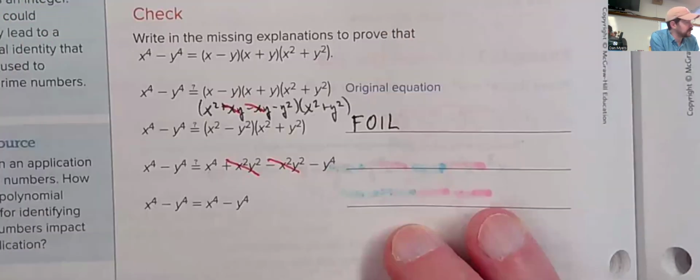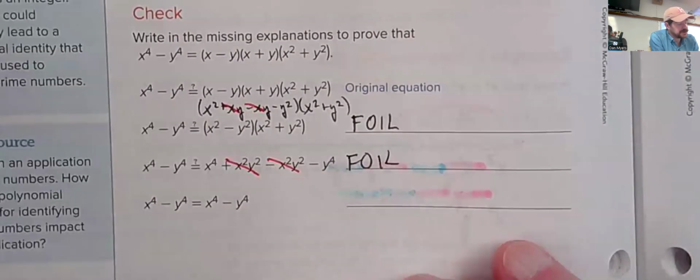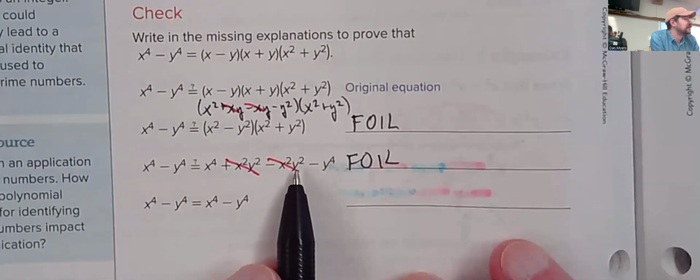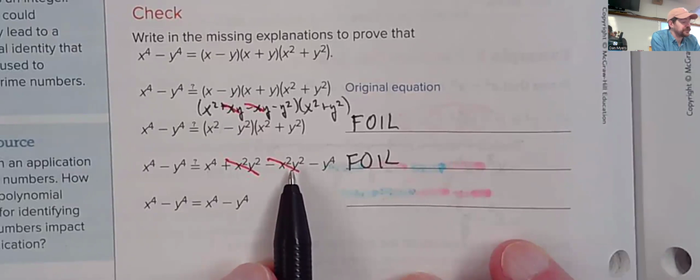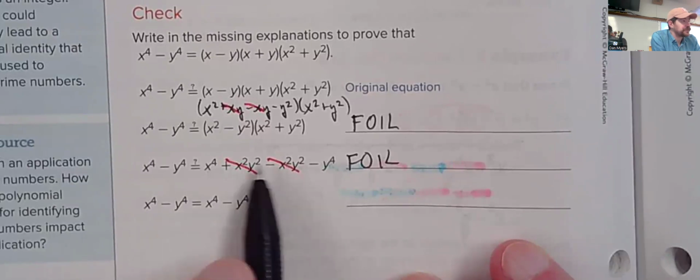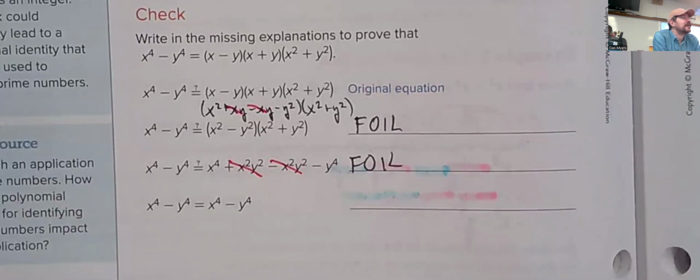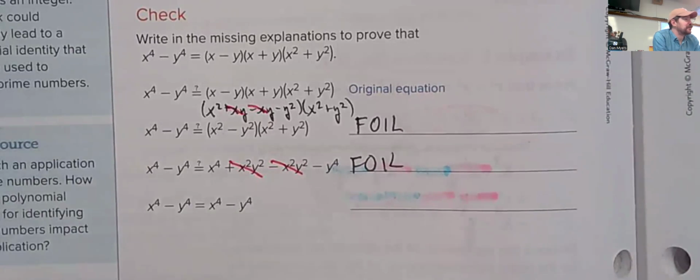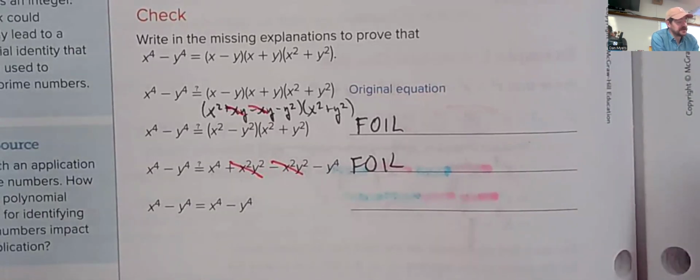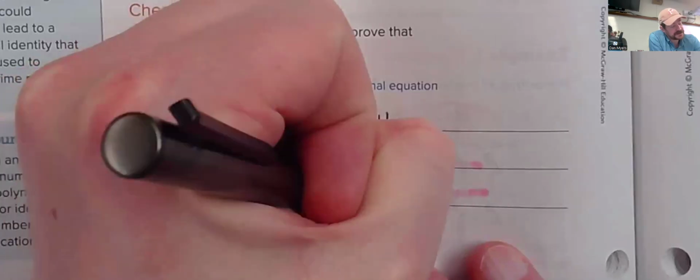And then from here to here, we FOILed again. And then the two terms in the middle, what do we do with those? Canceled. And so when you cancel terms, what are you doing? You can only cancel terms if they are what? If they're the same. So that would be combining like terms. Nice. So combine like terms.